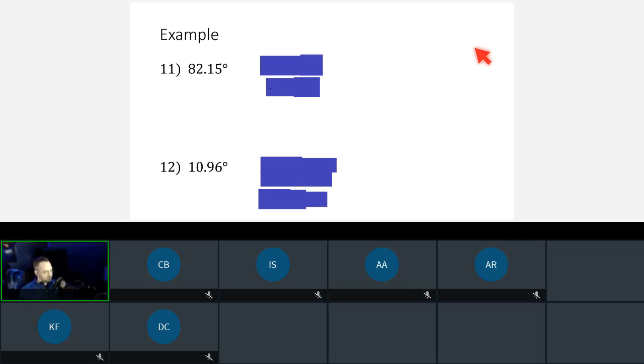You have about 10 seconds left. All right, time is up. All right, in chat, write the proper notation. I want to see the proper notation like you would write on a test or a quiz.